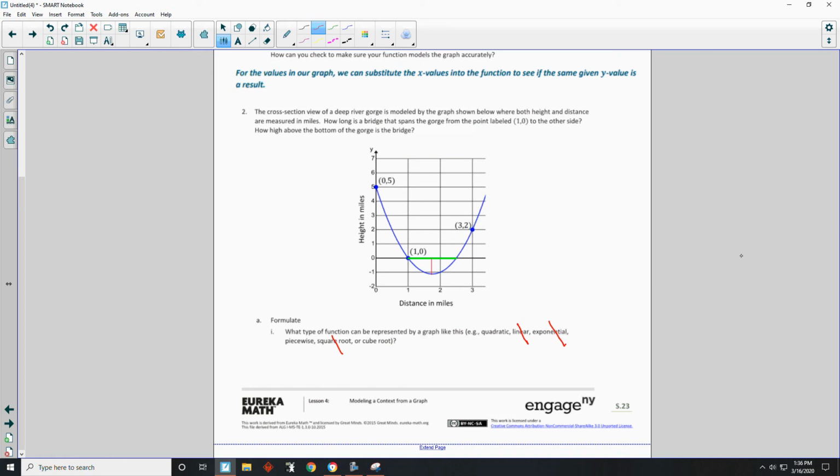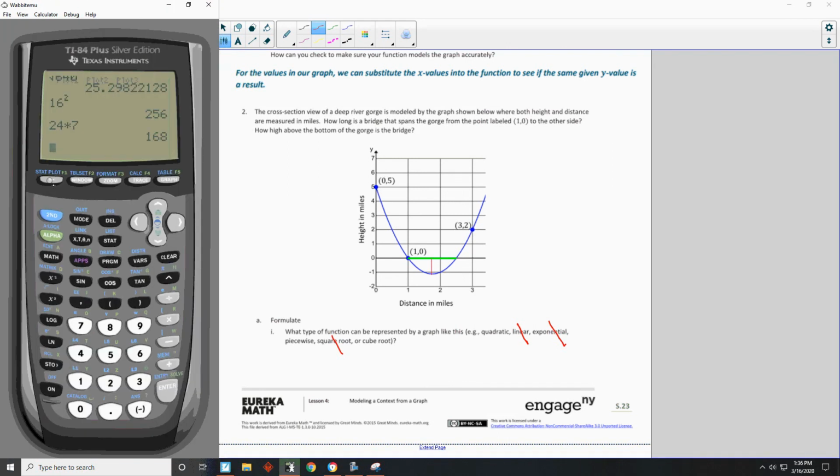I don't think so. If you want to review some of these, it's sometimes a good idea to just put something in the calculator, go to y equals, and see what a cube root function looks like. You go to math, 4 for cube root of x, and graph it, zoom 6.